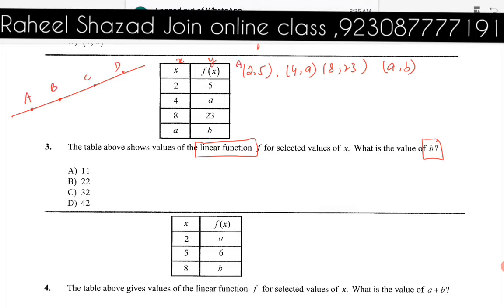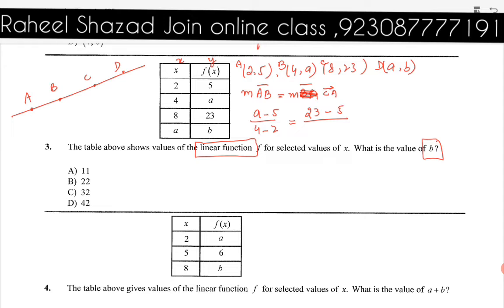So let's name them A, B, C and D, right? We have gradient of AB equal to gradient of BC, for instance. So it's a minus 5 divided by 4 minus 2 will always be equal to 23 minus 5 divided by... I'm going to find the gradient of AC here.